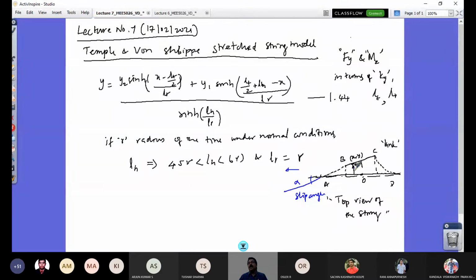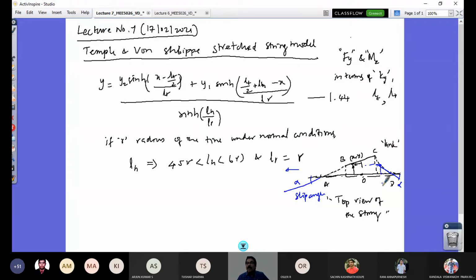So if this angle here is not the same here, you see there is a gradual change in the slope, and the point where the slope is equal to this is what I'm going to look at. So here if I draw the slope, this slope is almost the same as this angle alpha. So that's what we have to look at in this model.